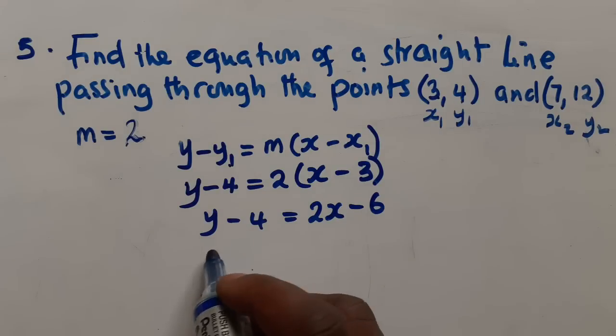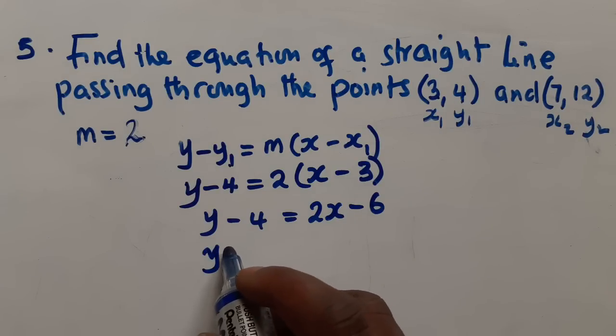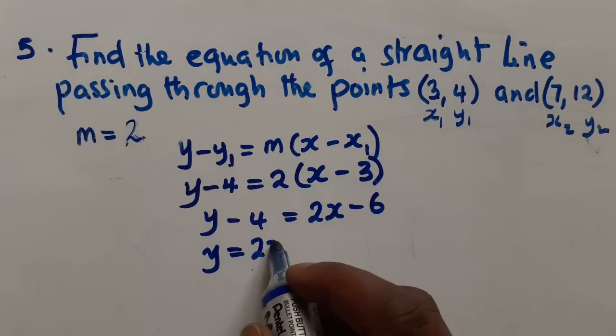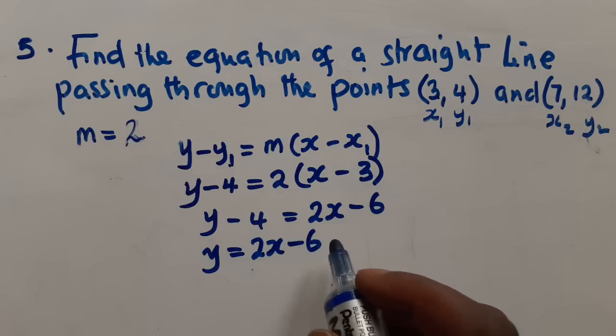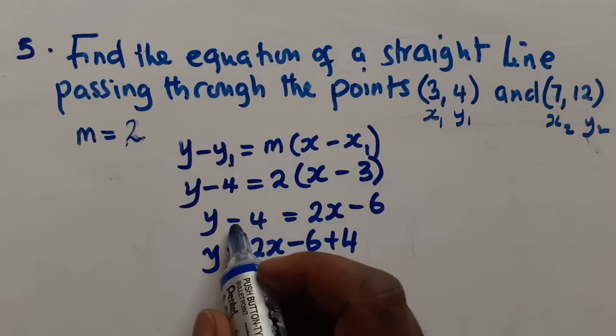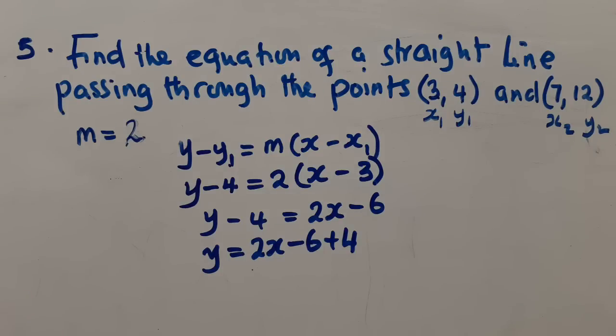All right. So at this point, we can go on and say y is equals to 2x minus 6 plus 4. This 4, we bring it to the other side. Okay. Then we go on and say y is equals to 2x minus 2. All right. This is what we are going to get as our equation.